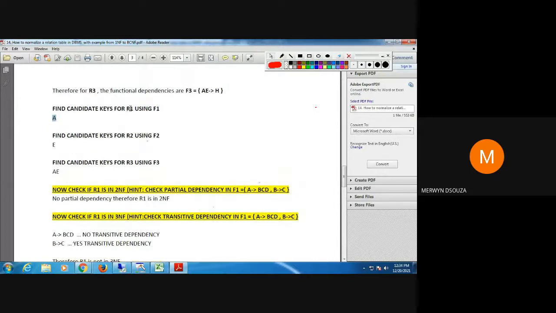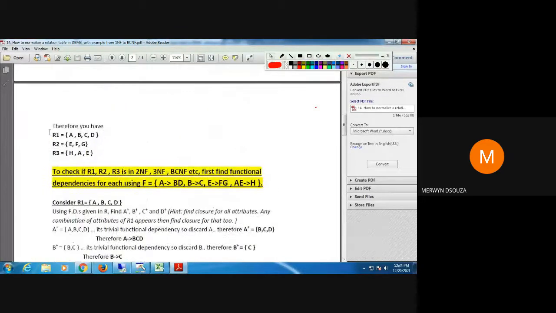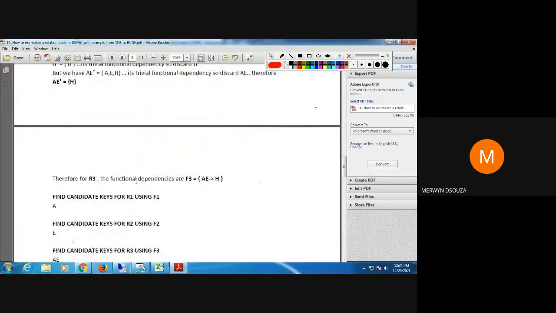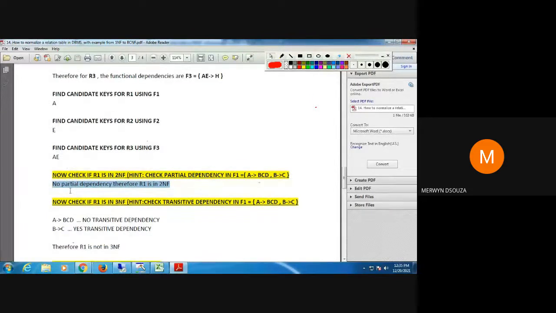R1 has just four attributes: A, B, C and D. Make sure you take R1 as A, B, C and D. Using that, you find out whether it has partial dependency or not. You will find that it does not have any partial dependency. So you need to solve and check.